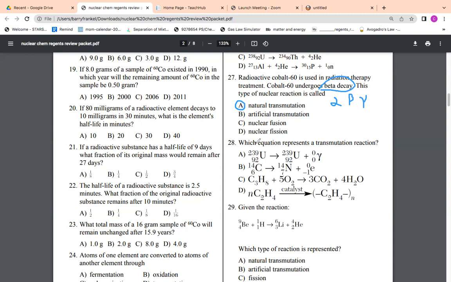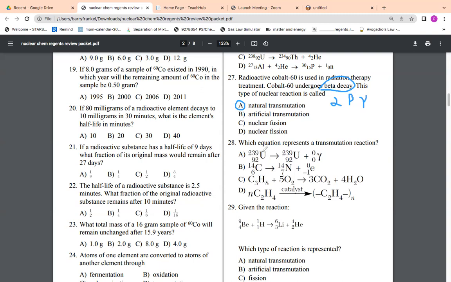Another question similar to this, which equation represents a transmutation reaction? Again, transmutation means that you should have different elements on both sides. So number A, this is good for us to look at. This is something undergoing gamma radiation. Gamma radiation is basically when an element releases a ton of energy, and it does help to stabilize the element or the isotope, but it doesn't actually change its identity.